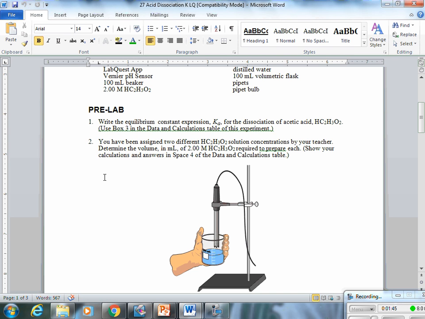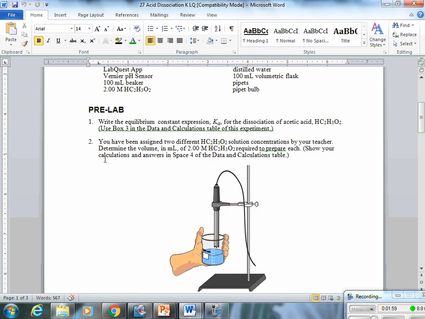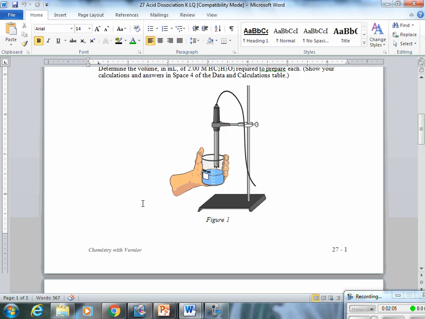Okay, I am going to give you a 2 molar concentration. You are going to have to make a dilution to have your specific concentrations. So it says show your calculations and answers in space 4 of the data and calculations table.